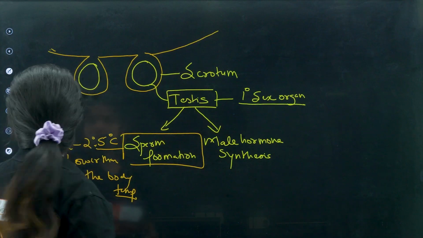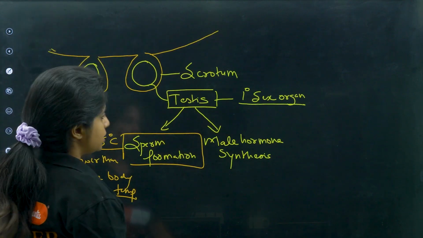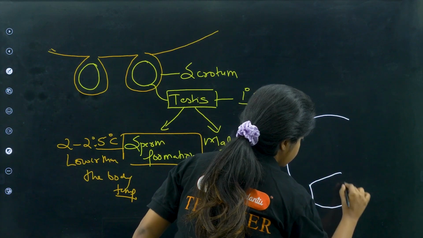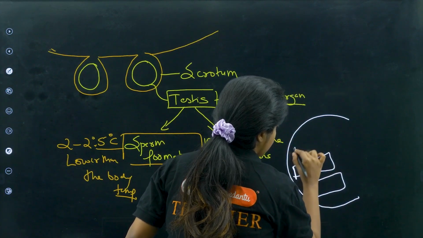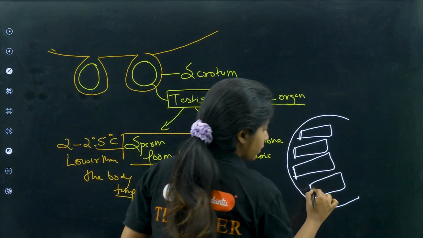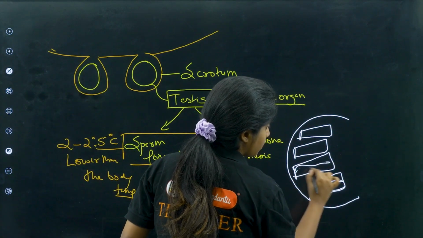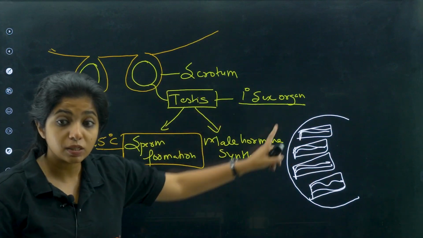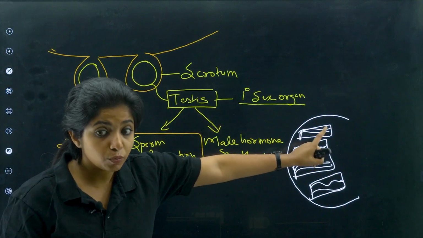Now the testis, if you see, has certain columns like this, and inside that there are some noodle-like structures known as seminiferous tubules. Seminiferous tubules, where the sperms are formed. Listen to me carefully.